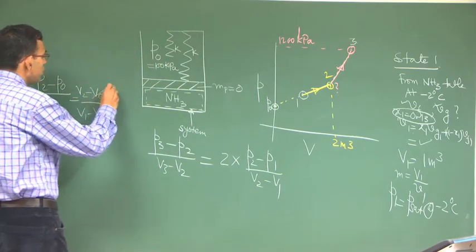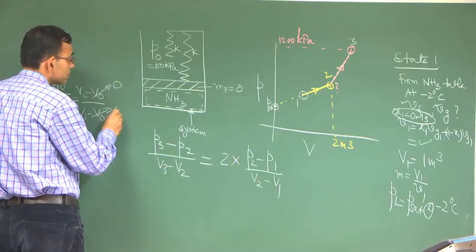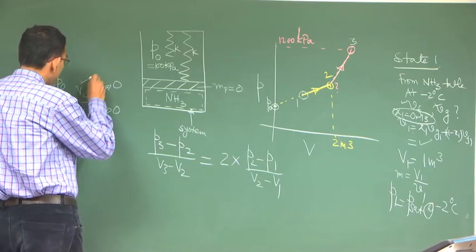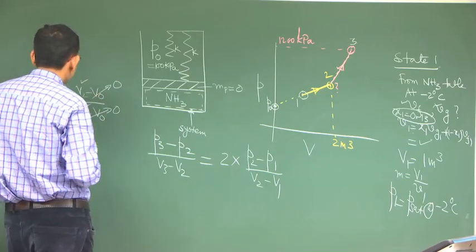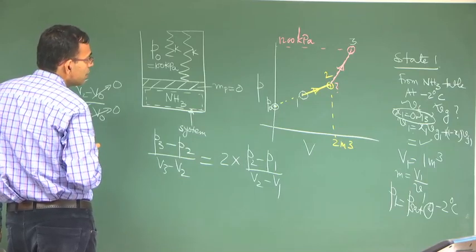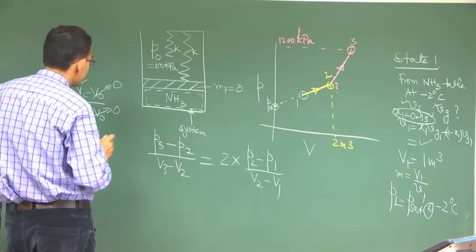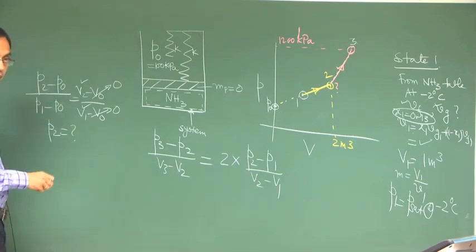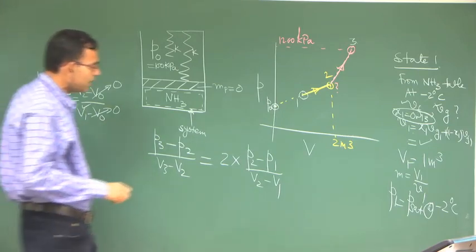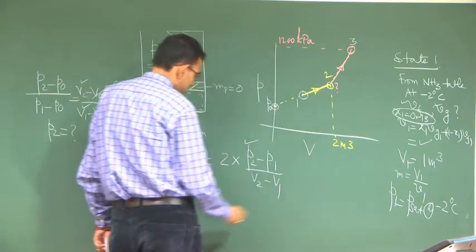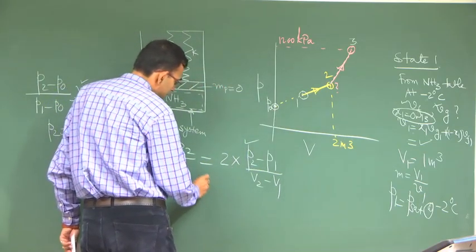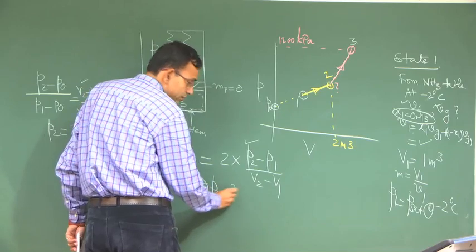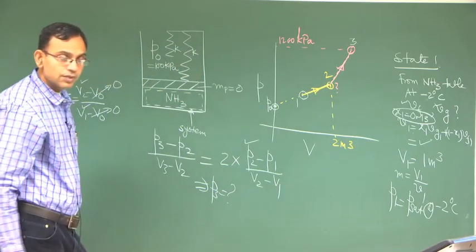So, V0 is 0, V1 and V2 are given. So, from here you can calculate what is P2. That P2, if you substitute here, you will get what is P3, right.